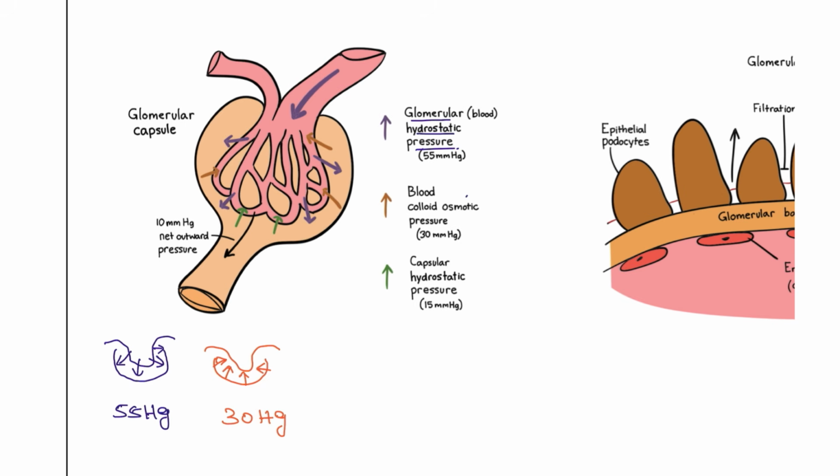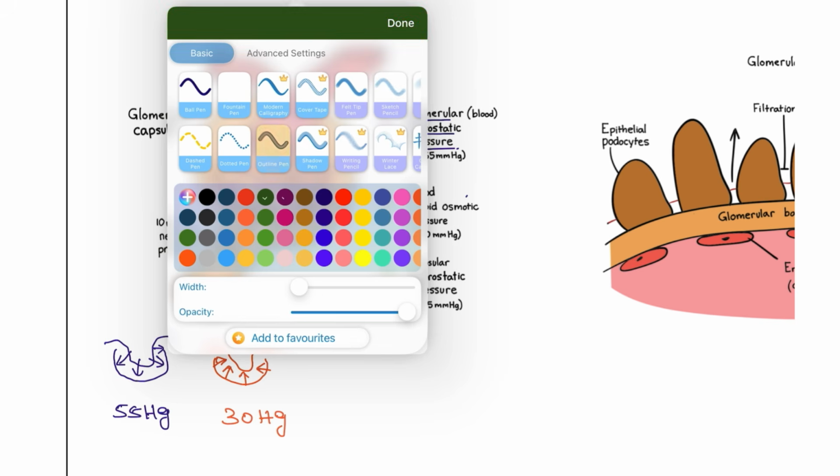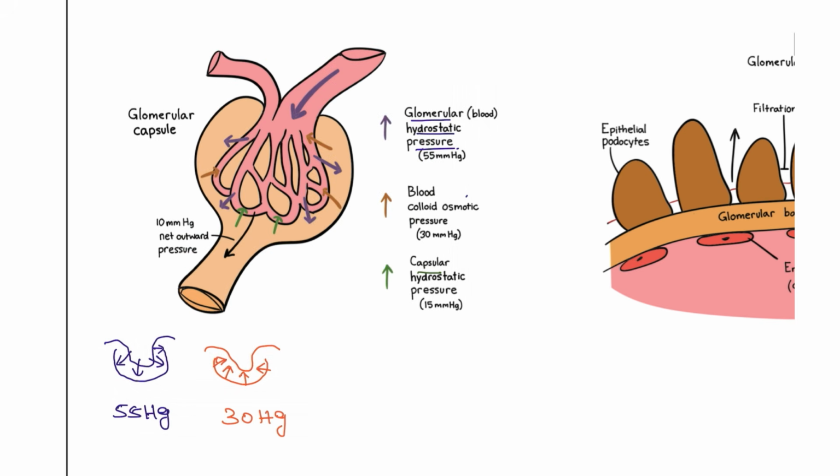Next, followed by another, that is the capsular hydrostatic pressure. Again, this is the capsule, this is the arteriole, right? And now the capsule is giving that hydrostatic pressure, and this will be around 15 mmHg.